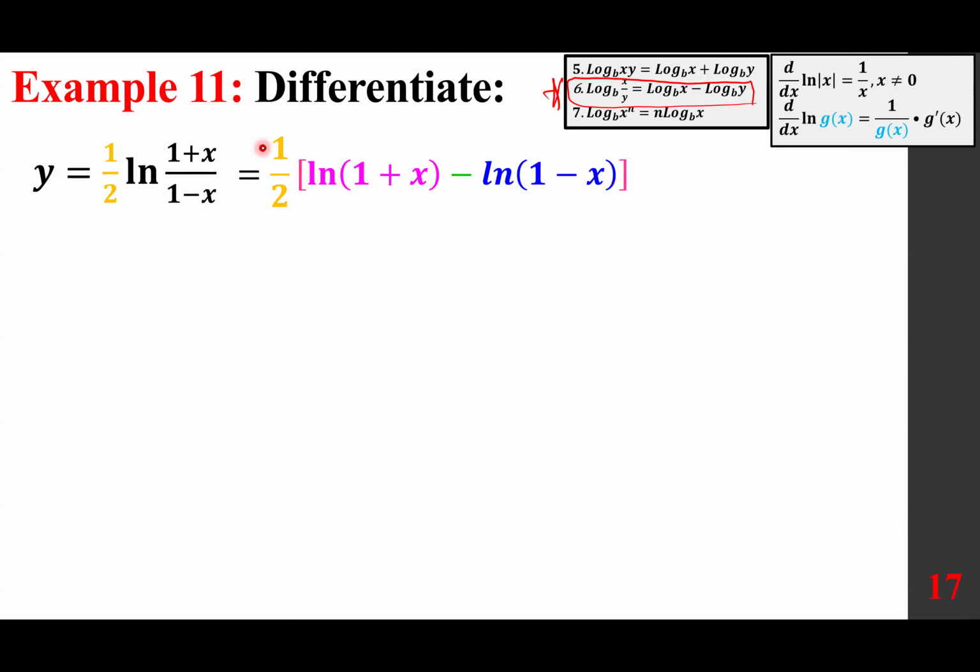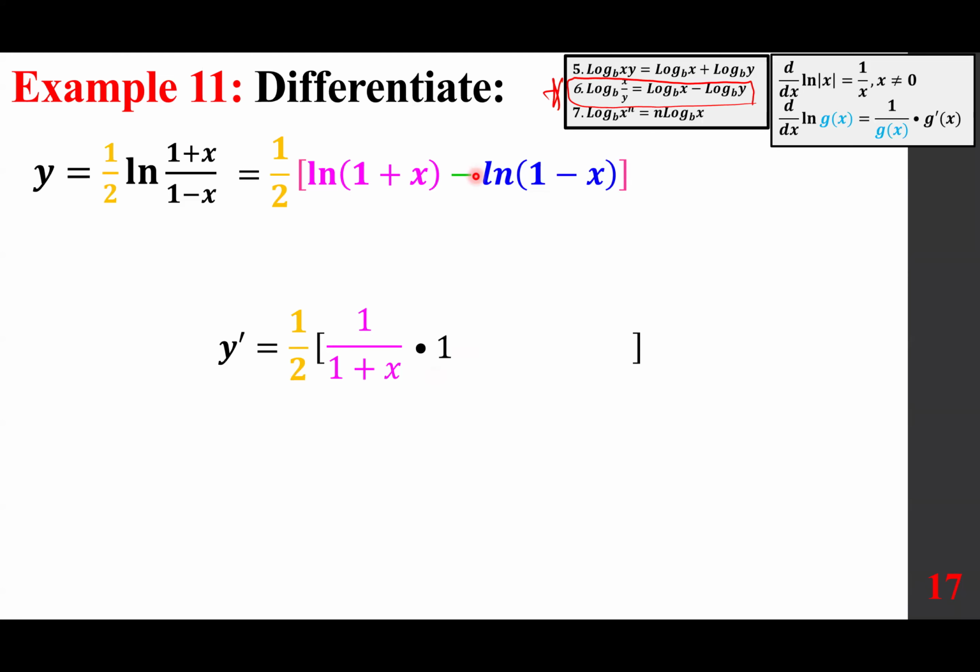So that's decomposing the log completely. Now that we want to differentiate, we say y prime, that 1 half remains, and we are going to deal with the brackets. To differentiate each piece, we are going with the derivative of ln of g of x. So this will flip over, 1 over 1 plus x times g prime, the derivative of 1 plus x. It happened to be 1, but we have to write it to make sure not to miss anything.